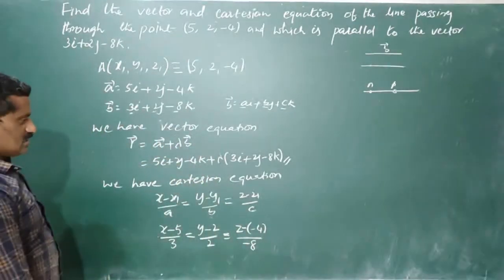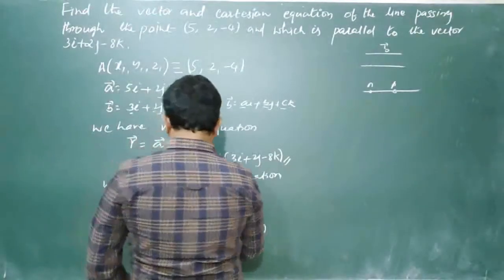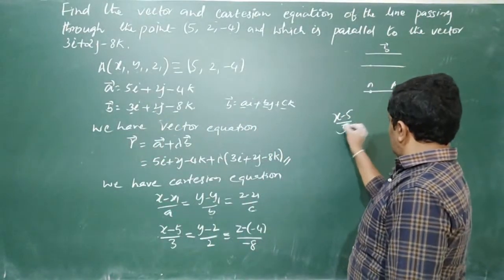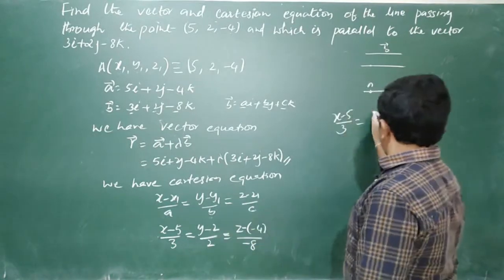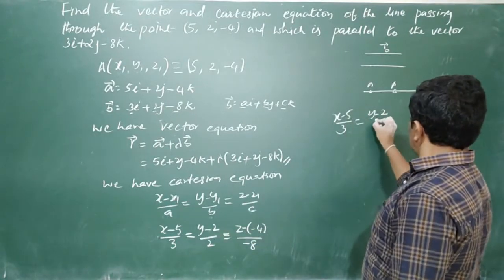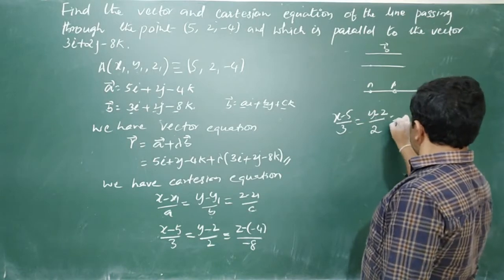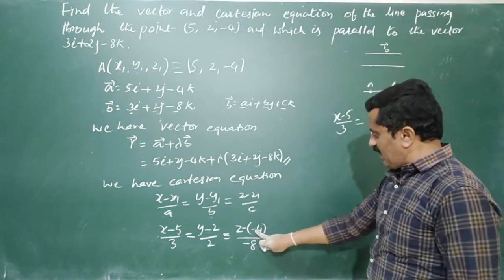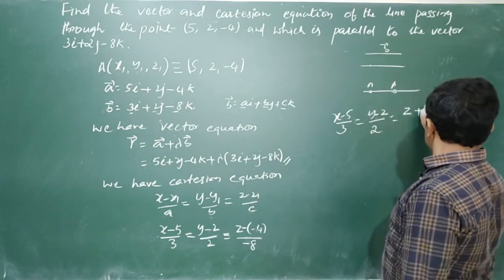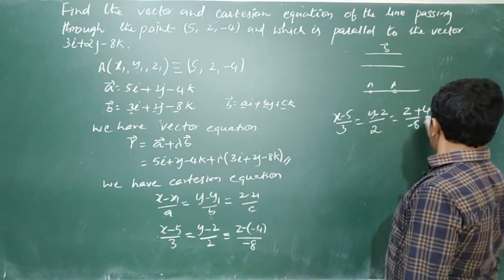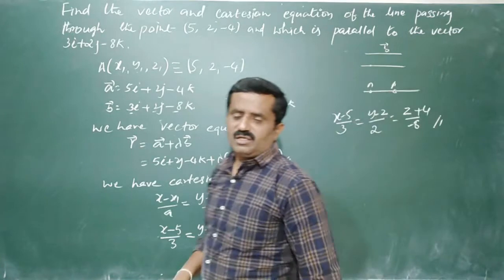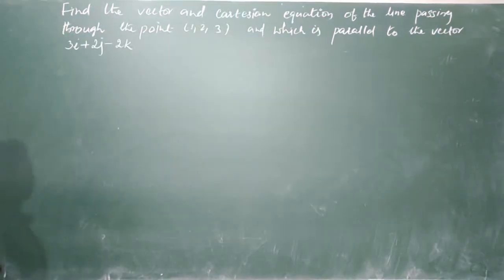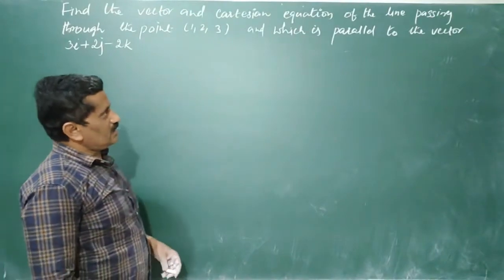Again simplification: (x - 5)/3 = (y - 2)/2 = (z + 4)/(-8), since minus of minus becomes a plus, which is the Cartesian equation of a line.